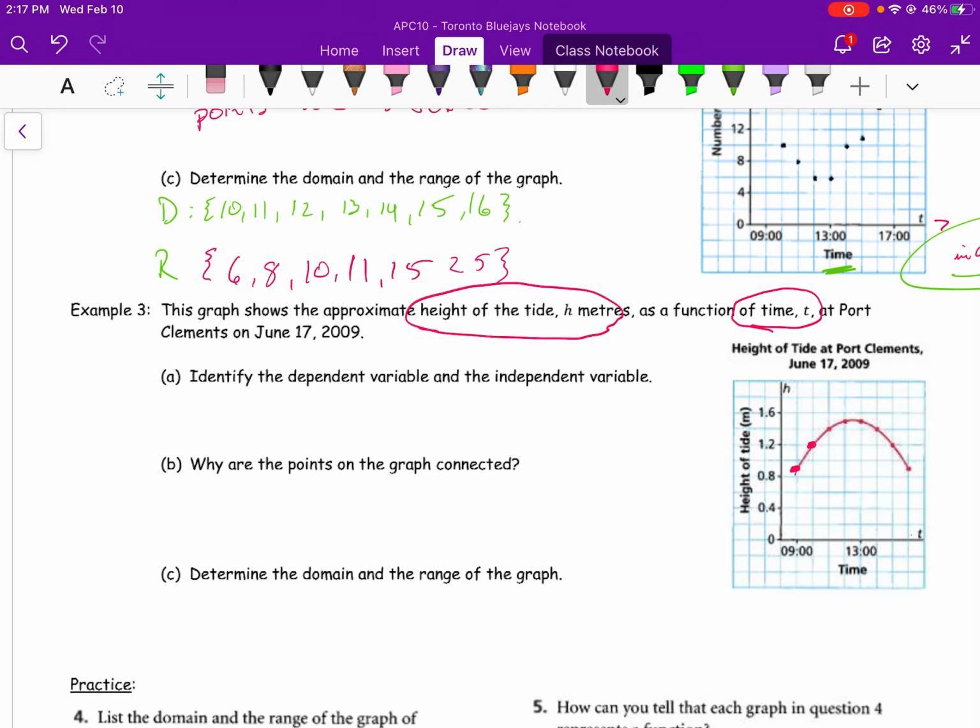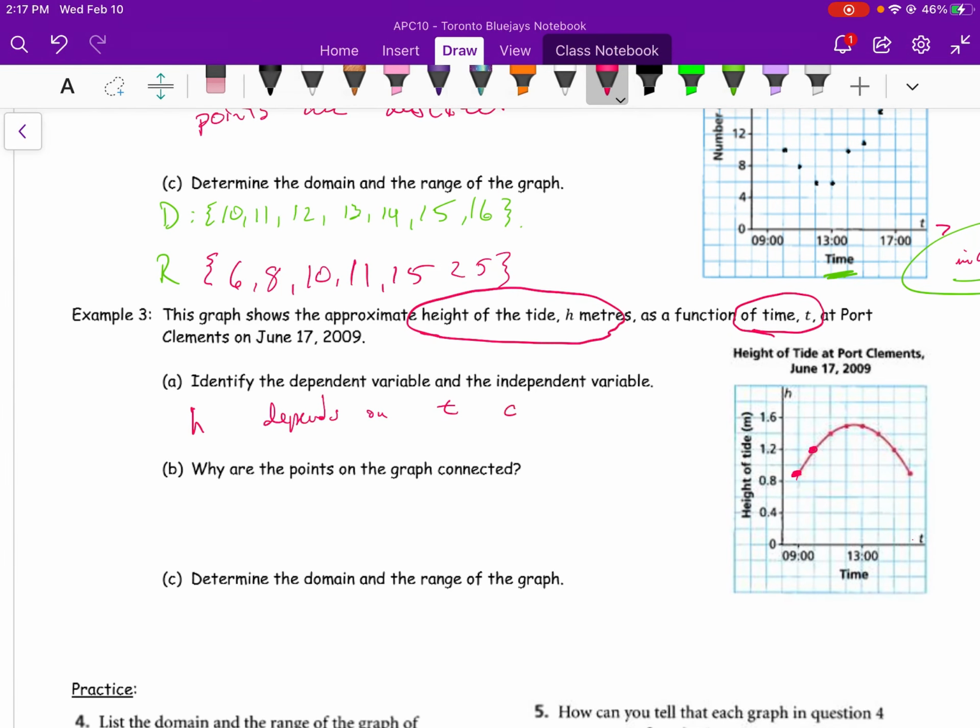So does the time of the day depend on the tide, or does the tide depend upon the time? Well, we know that the height depends on the time.